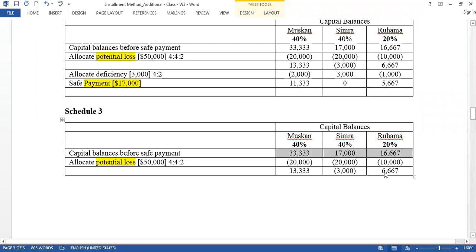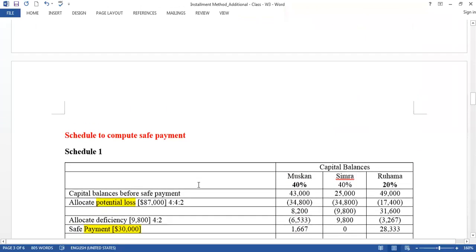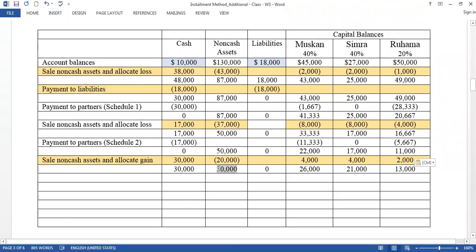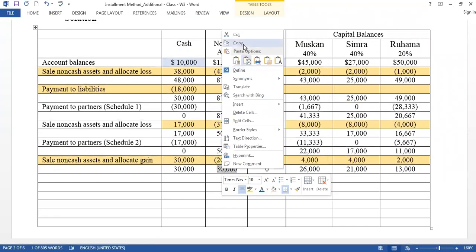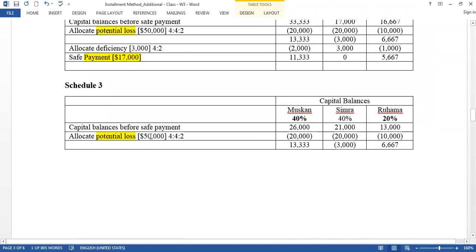This is the balances before the safe payment. And what is the potential loss here? $30,000 is the potential loss, right? This $30,000 potential loss is going to be allocated to the partners, 6,000.